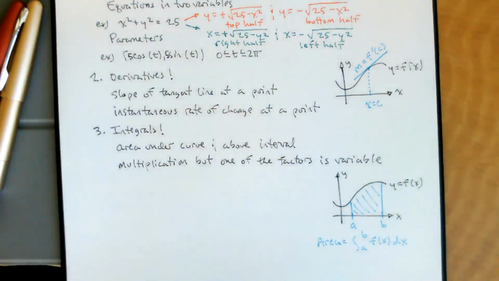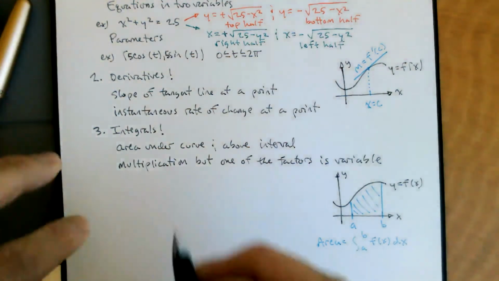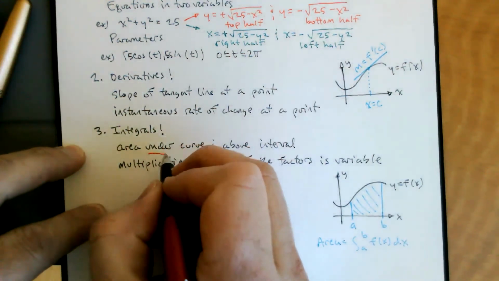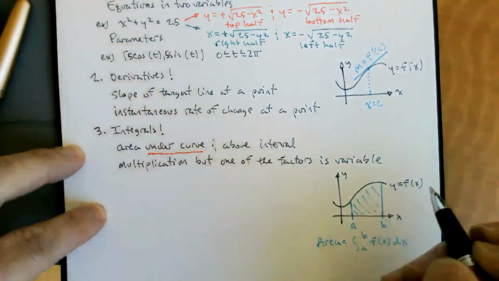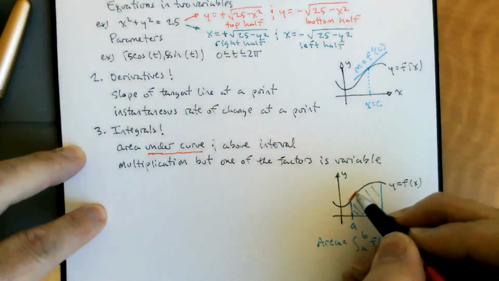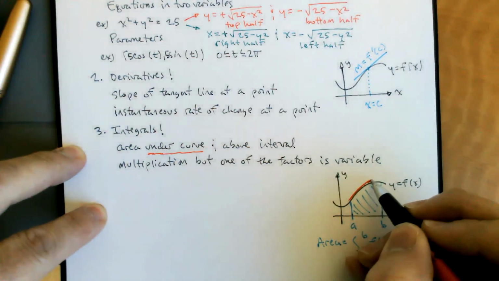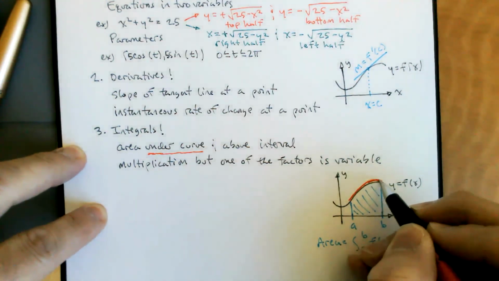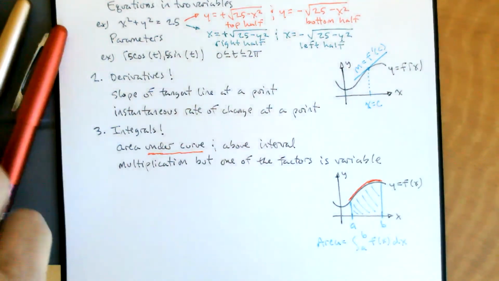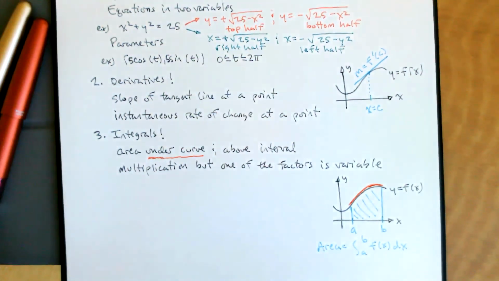The definite integral tells us the area under the curve and above the interval. So the top part is the curve, and the bottom part is the interval.